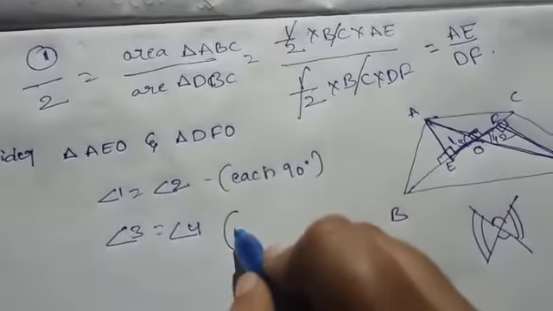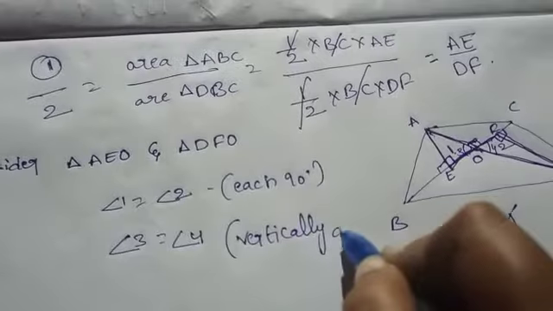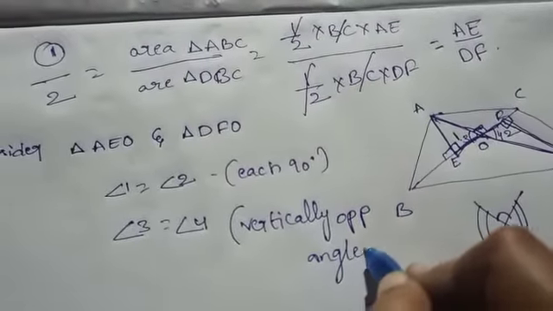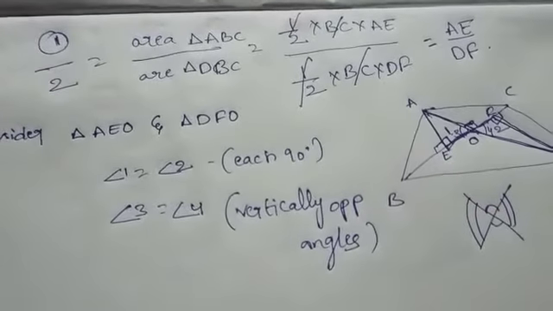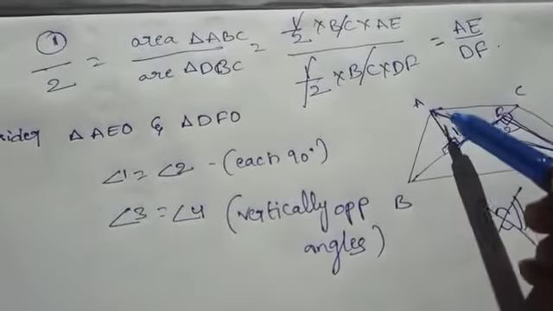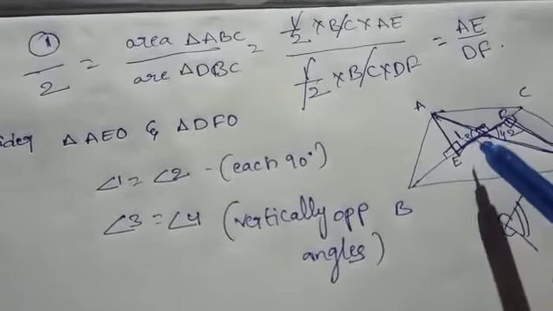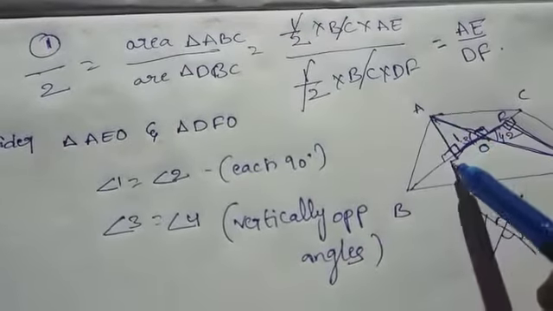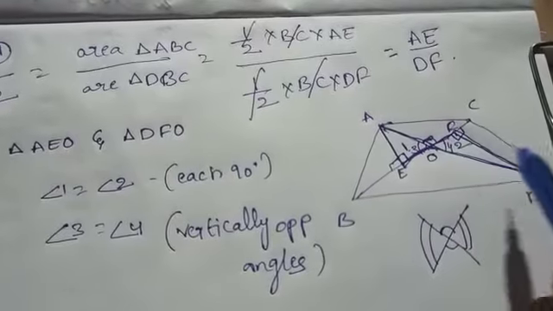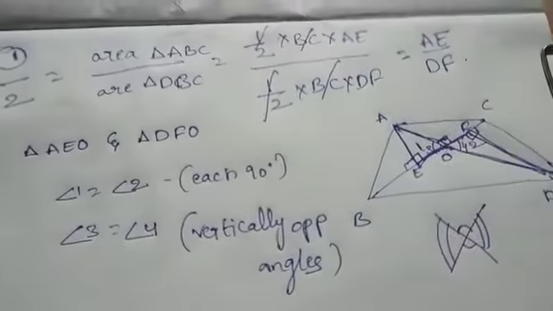Why? Vertically opposite angles. Angle 3 is nothing but angle AOE, and angle 4 is angle FOD.